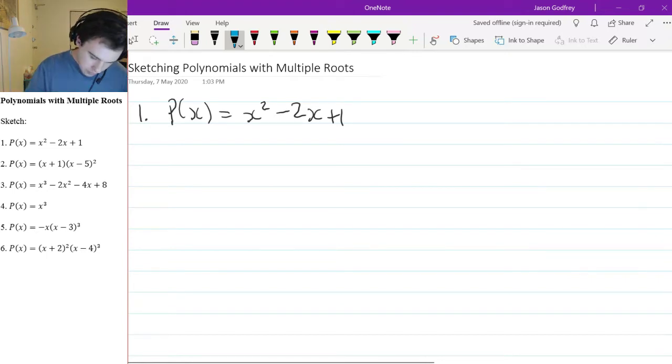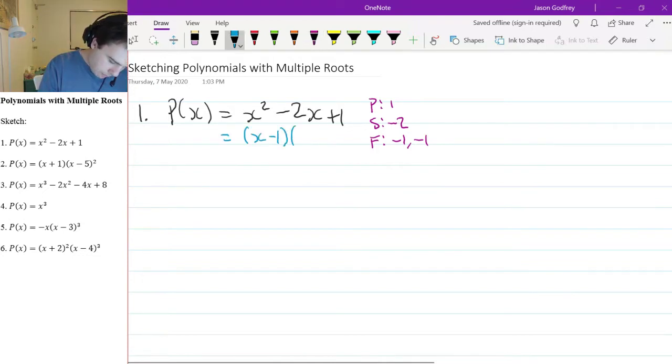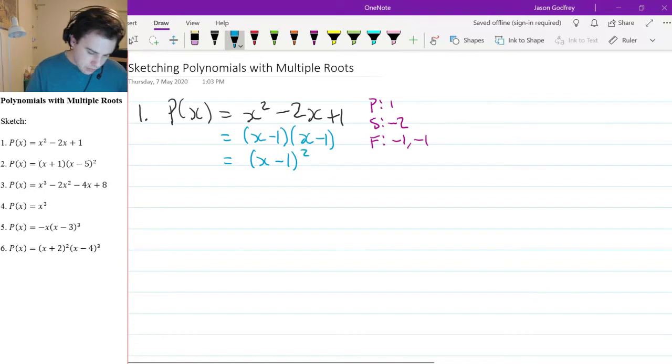So here you might recognize this as a perfect square, but if you didn't, your first approach might be doing PSF, and then if that fails, use the quadratic formula. So you'd get minus 1 times minus 1 is 1, and that adds to negative 2. So something times itself is x minus 1 squared.